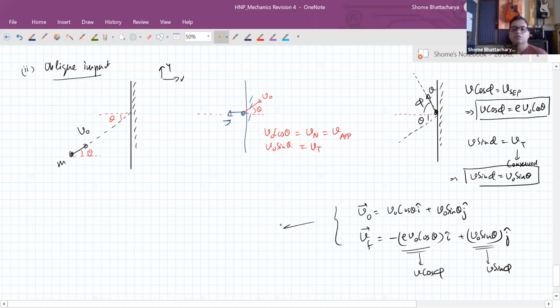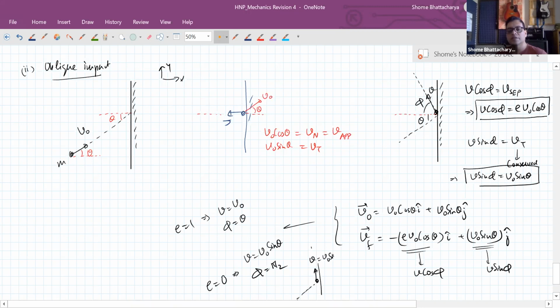So from this we can also see that E equal to 1 means that v becomes v naught and phi becomes equal to theta. Whereas E equal to 0, for example, means that v is equal to v naught sin theta and phi becomes pi by 2. So basically in this case, the particle sticks to the surface and moves parallel with a final velocity of v naught sin theta.